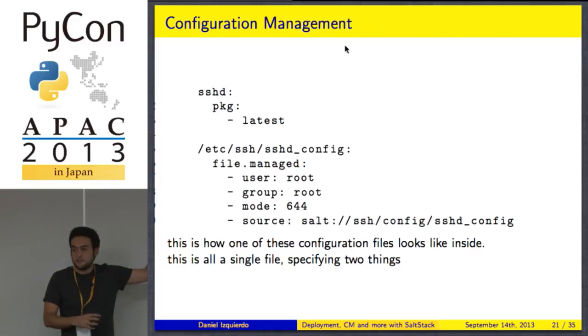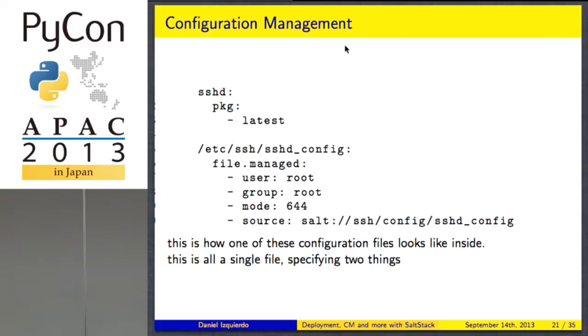I'm saying I want the SSHD package to be installed, and I want this configuration file to be present. But if I were to place this configuration file here and then install the SSH package, maybe SSH will overwrite this file, right? So I can add a line here saying this state requires the SSHD package to be installed, and then the Salt system will honor this ordering, and you can basically build any dependency graph as long as it's not circular.